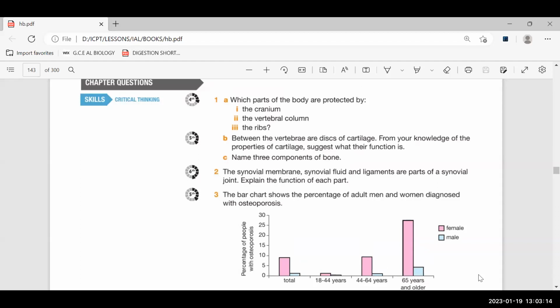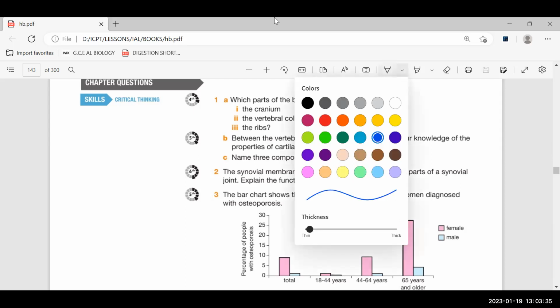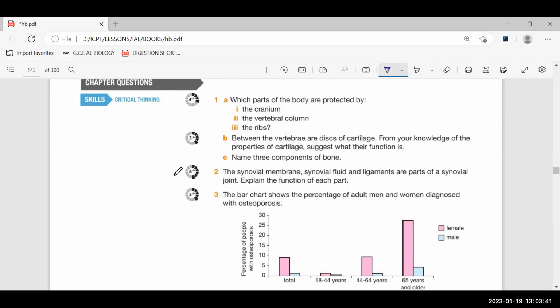Can you see these questions? Which parts of the body are protected by the cranium, vertebral column, and the ribs? Now, one function of the bones is to protect the soft and important structures of the body.